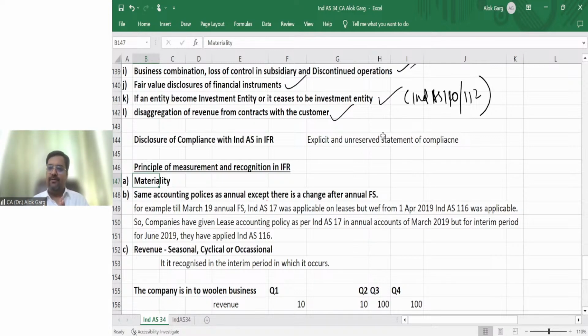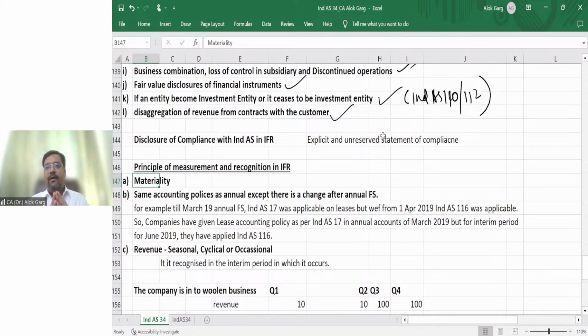Now the question is, we are talking about materiality, whether the item is material or not material. Let's say there is an expense of 2 crores or let's say 1 crore. For identifying the materiality of a particular quarter, a particular interim period expense, let's say it is 1 crore.